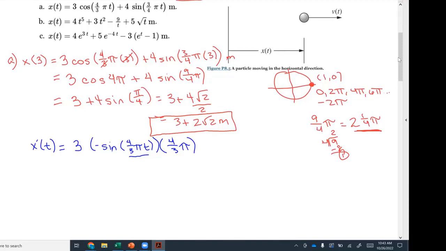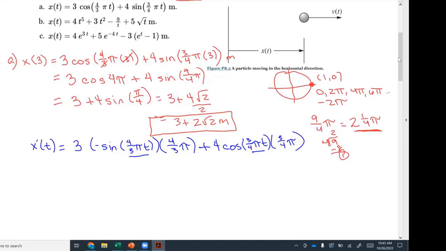So that's the derivative of the cosine, plus 4 times the derivative of sine, which is cosine of 3/4 pi t times the derivative of this, which is 3/4 pi.